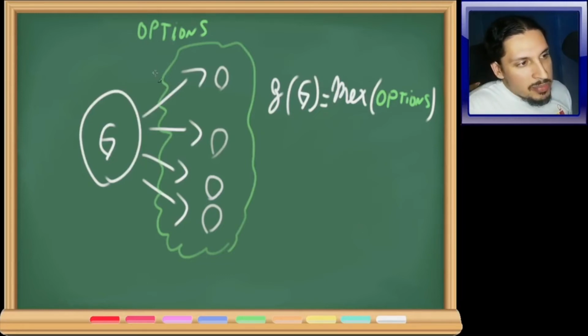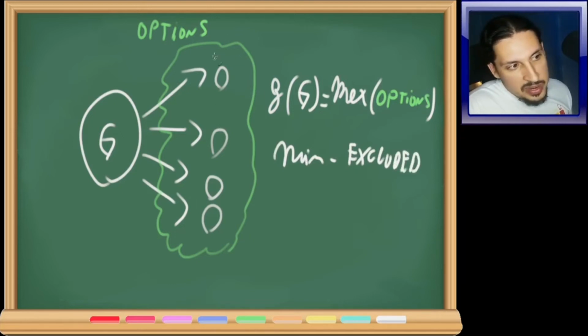There is an algorithm to compute the Grundy number of a game, and it comes from the graph. You take the graph of the game, and to know the Grundy number of a node, you have to know the Grundy numbers of its options first. And then you just take the mex, the minimum excluded, of its options.